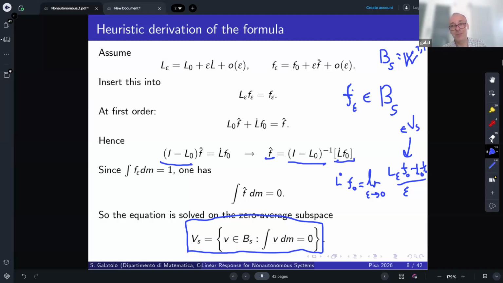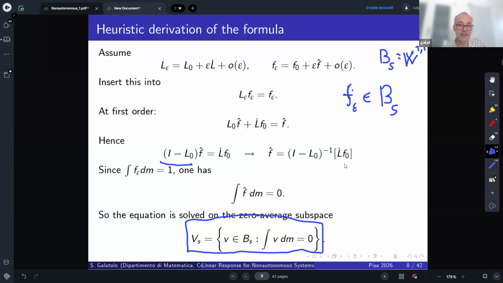The second important point is that if we define this as an operator on the zero average strong space, it's important that this vector is regular enough. It's not evident what the regularity of this is.